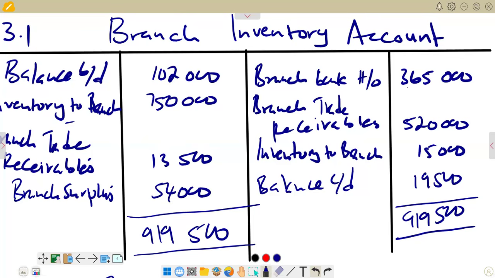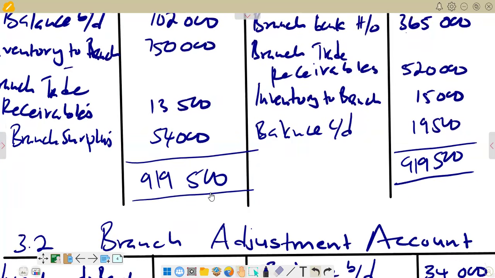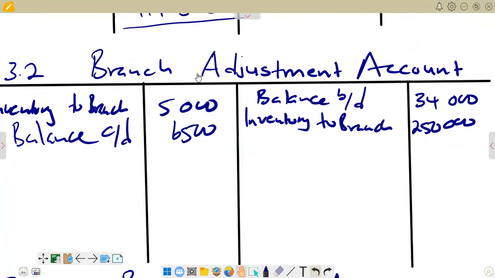So you are debiting branch inventory and you are crediting branch adjustment. You come here, you say this is coming from the branch inventory as a surplus, and the amount that we are having is 54,000.